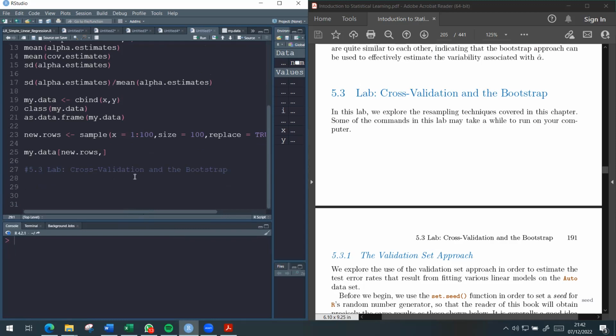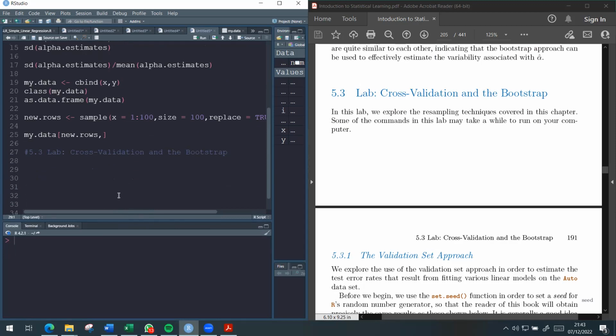And yes, Wuttrich, the same individual I mention every other session, is one of the authors, and they mention all these ideas: cross-validation, bootstrap, regression, classification. In this lab, we explore the resampling techniques covered in this chapter. Some of the commands in this lab may take a while to run on your computer.